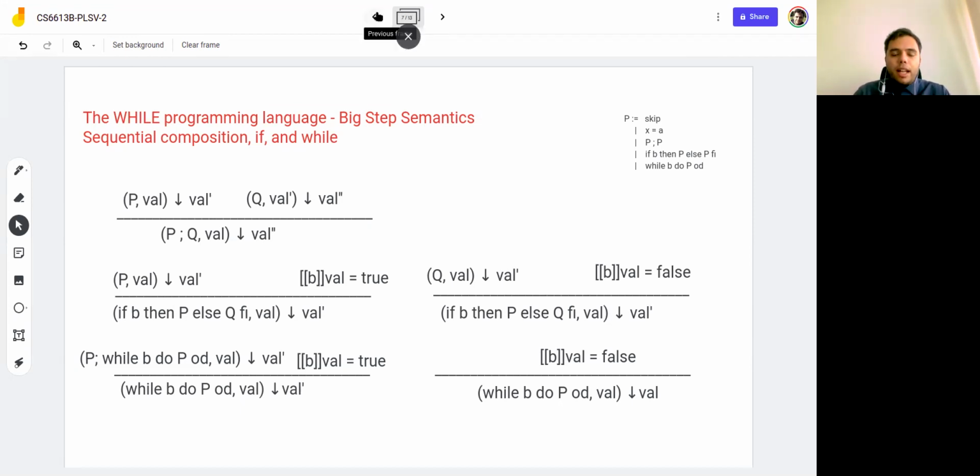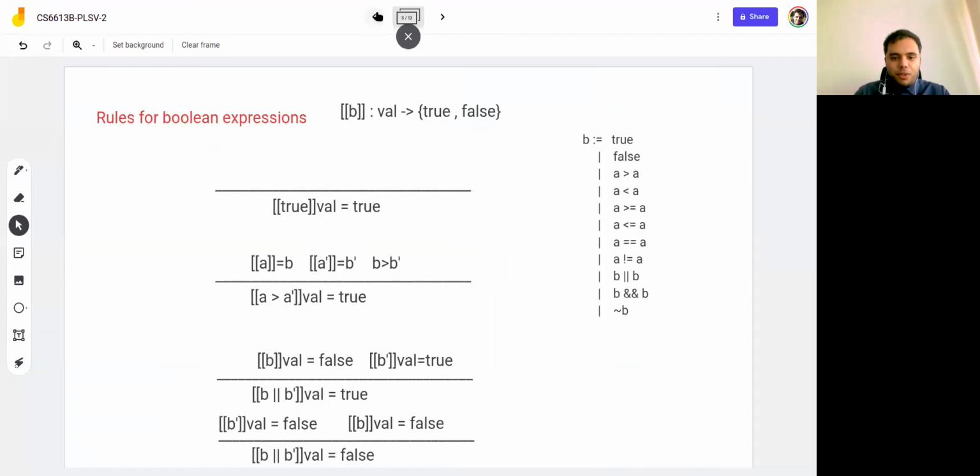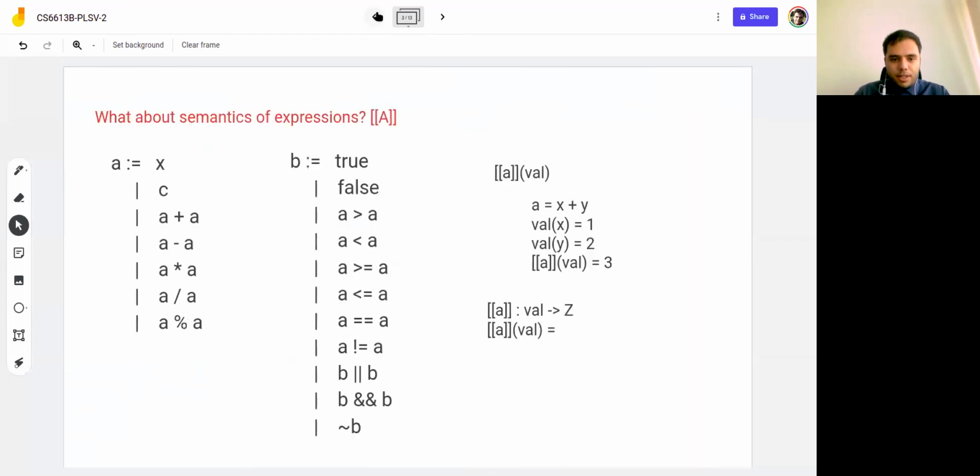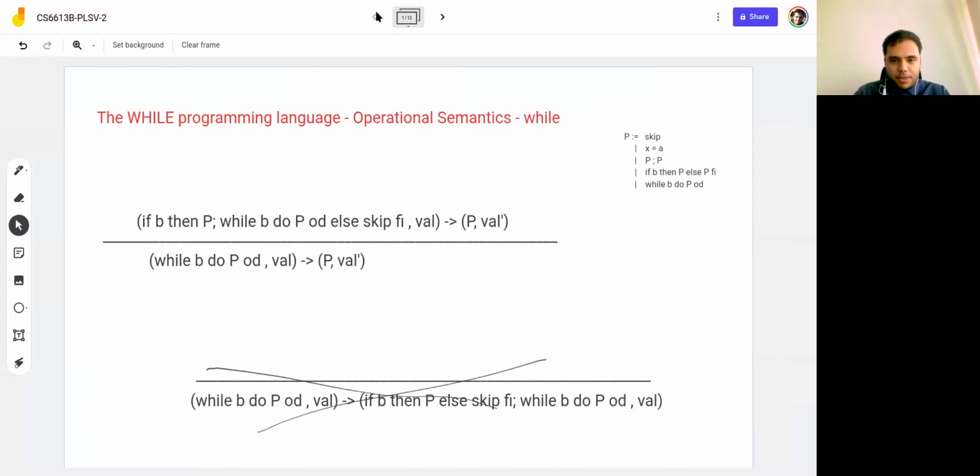Okay, so let's take another look at our while rule here. At the beginning of this session, we wrote a new while rule for the small step semantics, and it was this. So can I write the same rule for big step? Can I just change these arrows to down arrows?